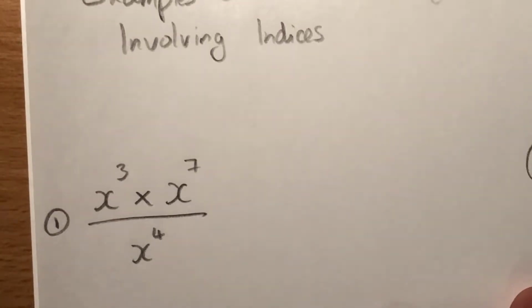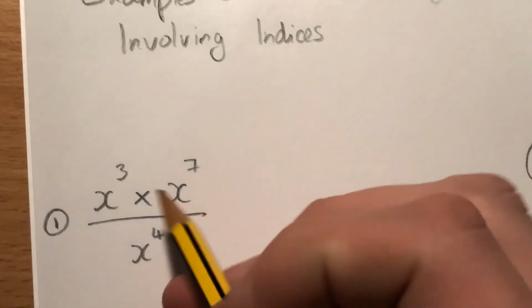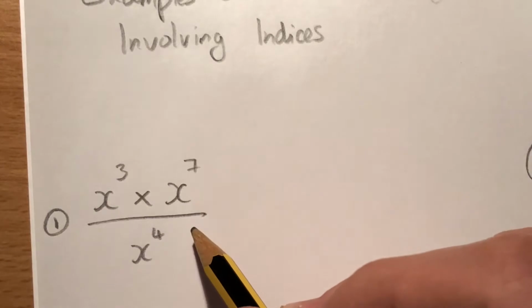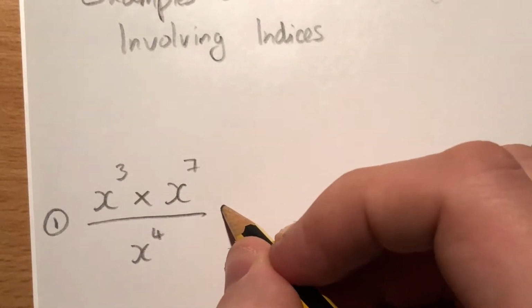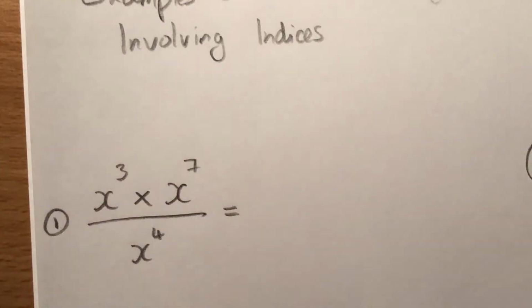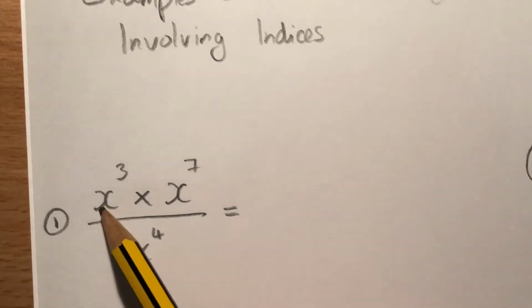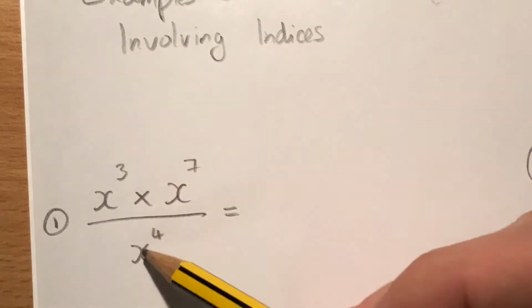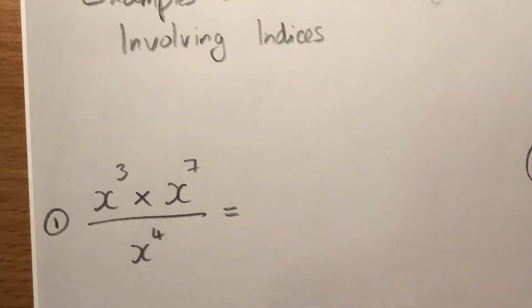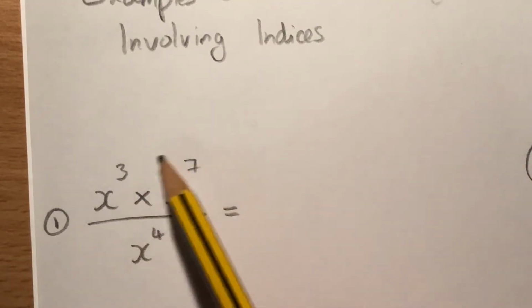So the first one I want to have a look at is if we've got x cubed times x to the power of 7 all over x to the power of 4. Now, with these, this is a two-step problem. We need to be able to deal with rule 1 followed by rule 2 of indices. So deal with the top first of all with rule 1.